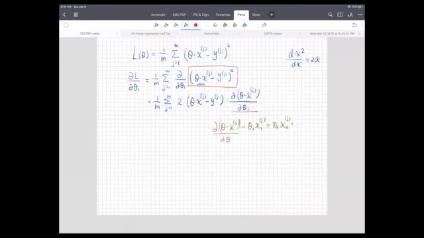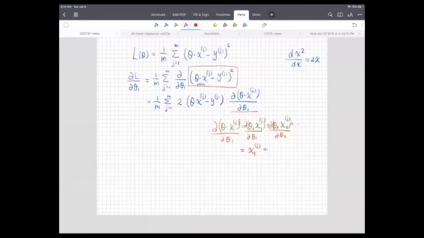I take the partial derivative of these terms with respect to theta 1, the first one, and then with respect to theta 2, and so on. The first component is simply x1 superscript j, because it's just theta 1 times a number. What about the second term?